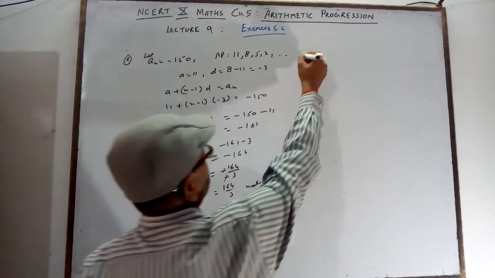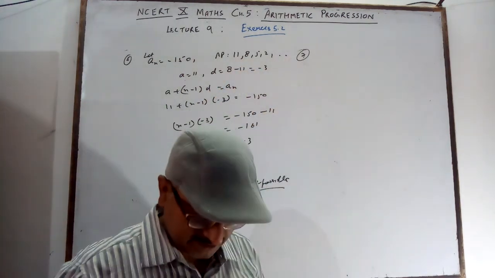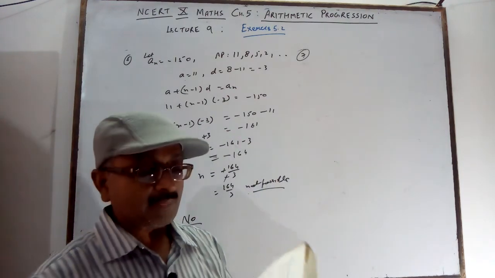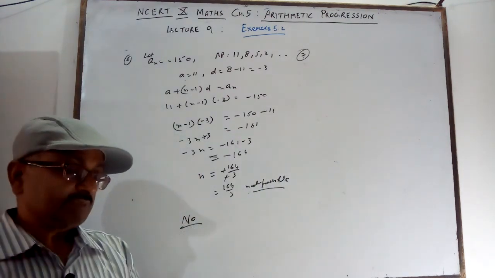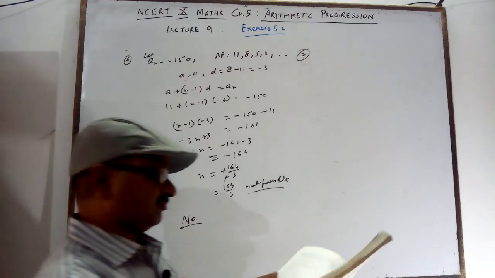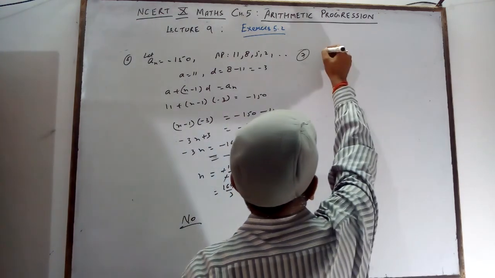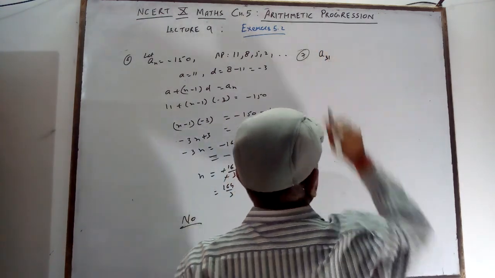Question number 7 is given. Find the 31st term of the AP. You want to find out A31.